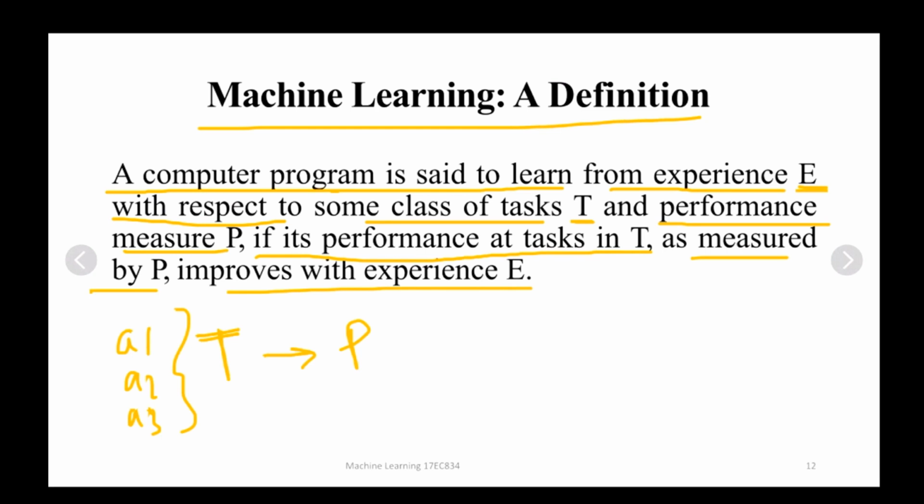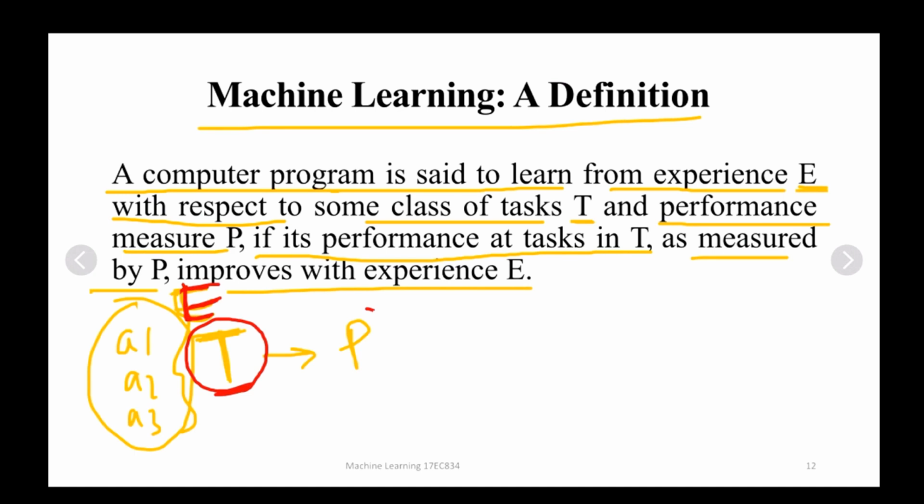Let me simplify this. Your machine is performing a task T. By performing this task, it is getting some experience called E. As it keeps on getting the experience, what is the improvement in P? That is what machine learning is all about.